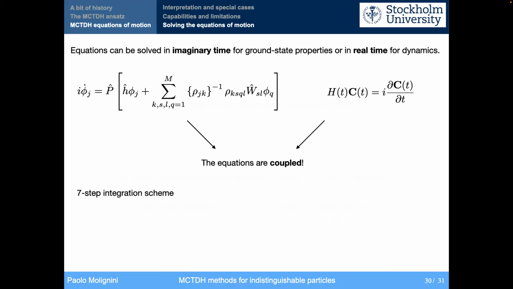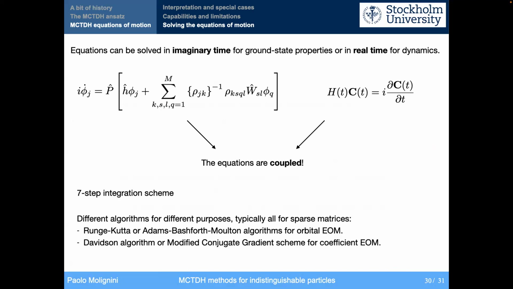What I wanted to show you, and I'm getting ahead of myself a bit, is how we solve those equations of motion. Like we said, they're coupled. So we employ the 7-step integration scheme. We have different algorithms for different purposes, depending on what type of equation we solve.